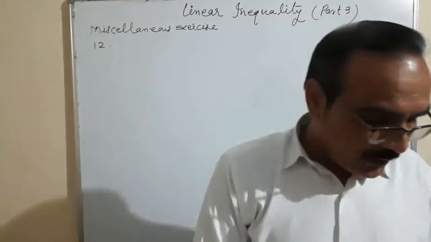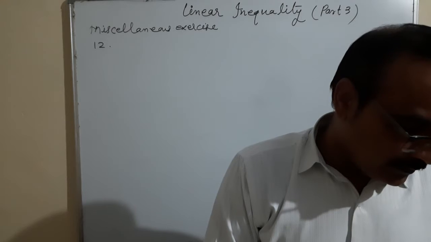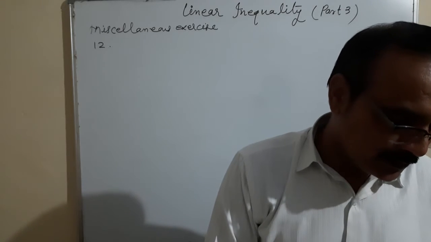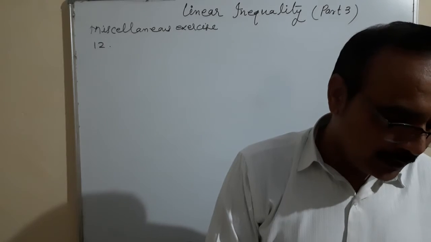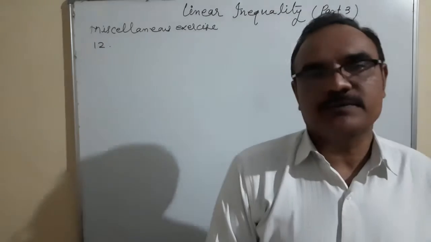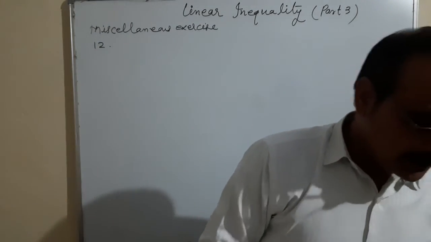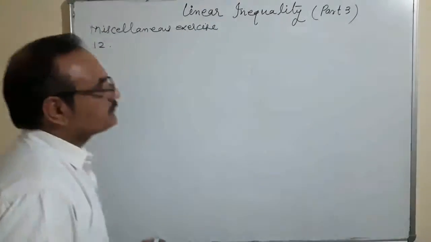Not understood? First line: a solution of 8% boric acid is to be diluted by adding 2% boric acid solution. Right?